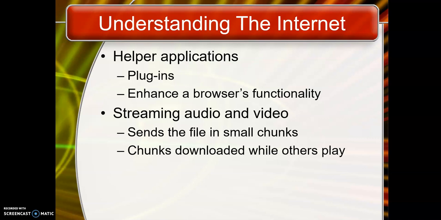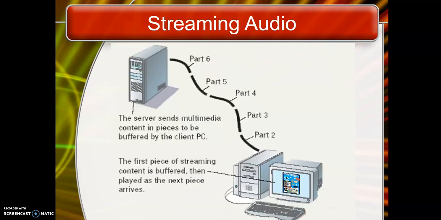At the same time, you can also use streaming audio and video. They can send the file in small chunks, and these chunks can be downloaded while others play. As an example, you can see here a wired network. You can see there is no wireless connection.